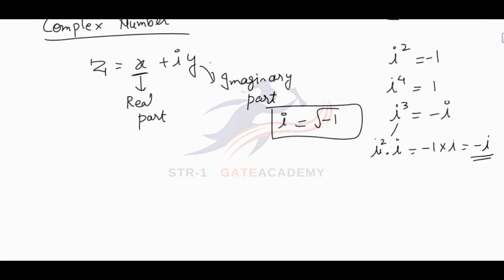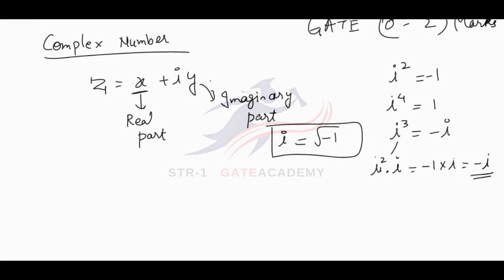So we know about complex numbers. They are represented on a complex plane. Let's say this is a complex number x plus iota y.